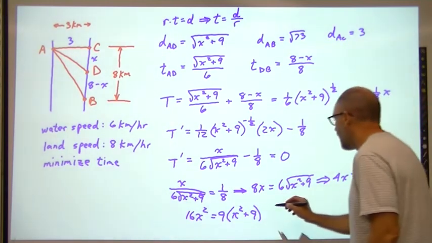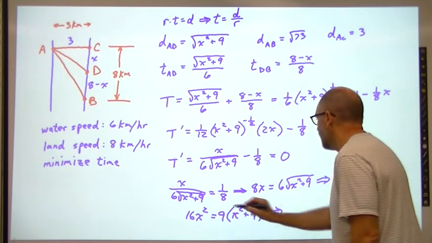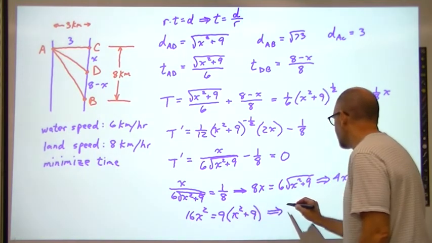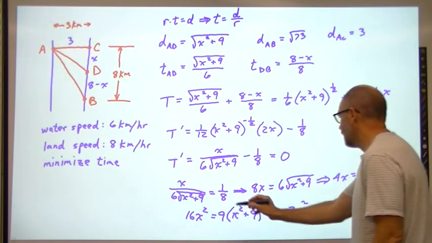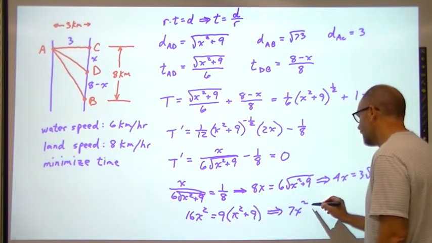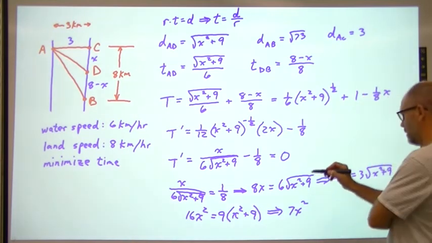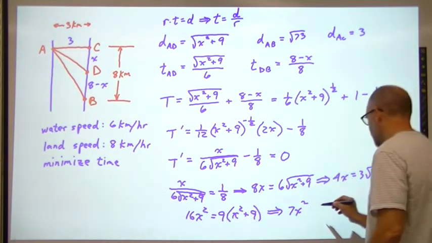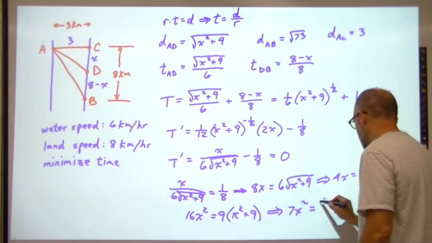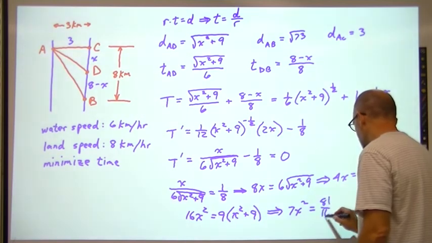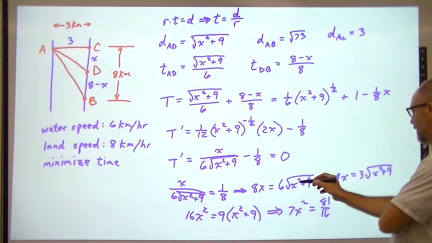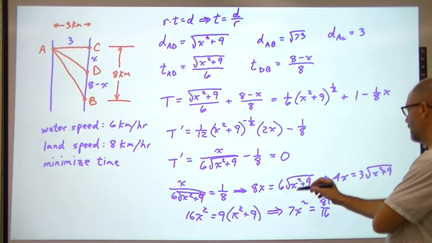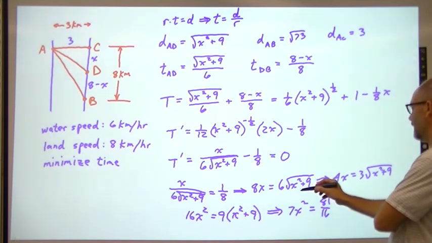All right, so that means we've got 16x squared minus 9x squared is 7x squared equals 81 divided by 16. Did I do that right? Let's see.